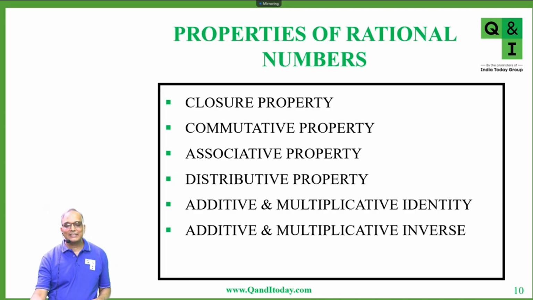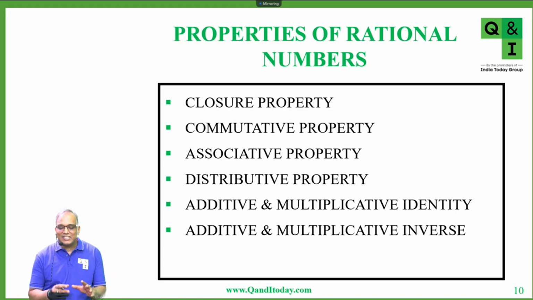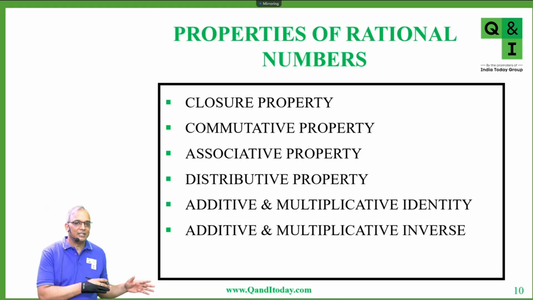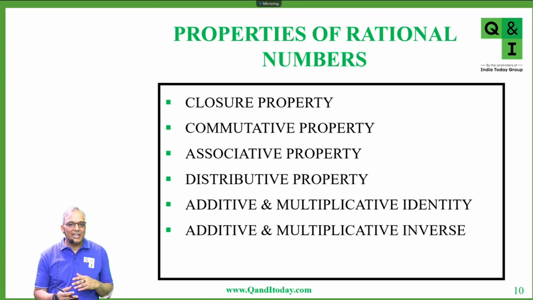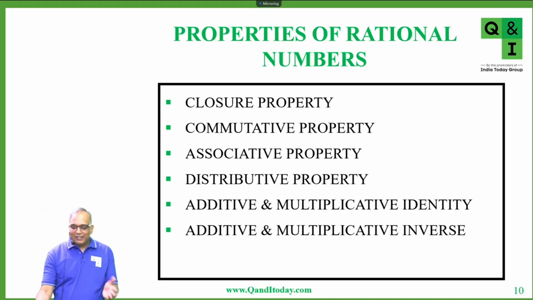And sixth is additive and multiplicative inverse. So all of these terms you must have heard when you were doing whole numbers and integers. Why? Because these properties we studied there as well. So the properties remain the same, but then we'll have to see whether they are valid for rational numbers or not. Okay. Let's go ahead, students.